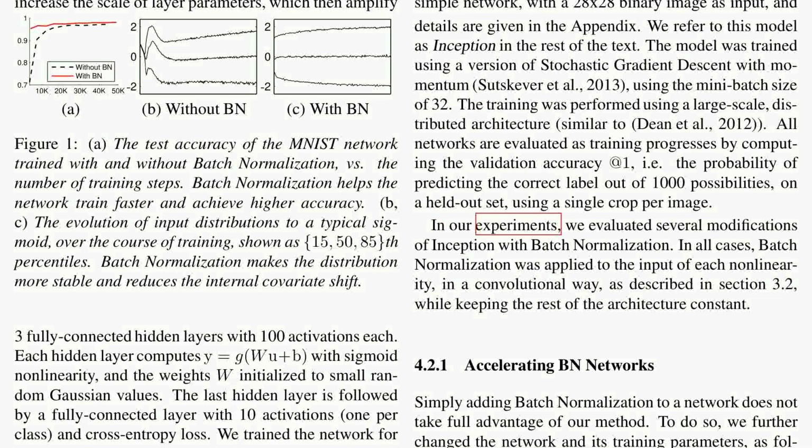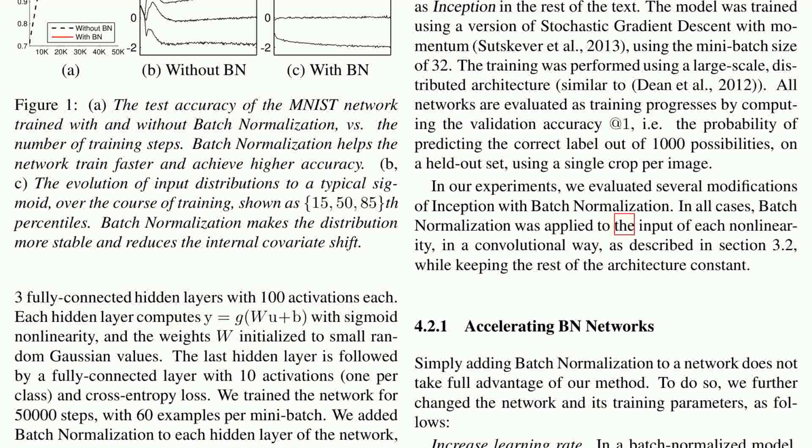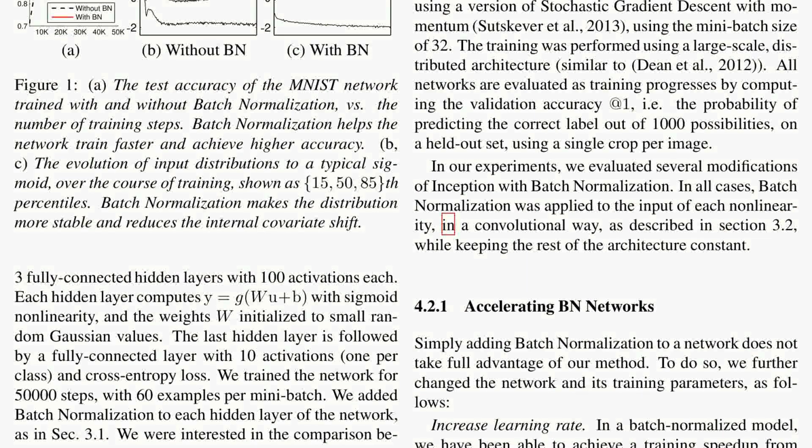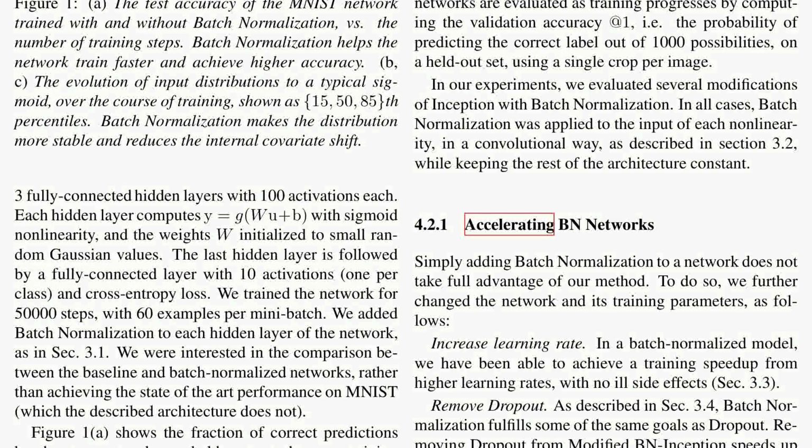In our experiments, we evaluated several modifications of Inception with batch normalization. In all cases, batch normalization was applied to the input of each nonlinearity, in a convolutional way, as described in section 3.2, while keeping the rest of the architecture constant.